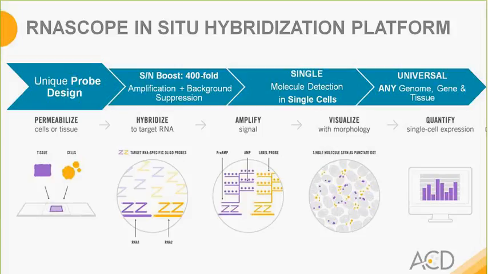The sensitivity of the assay allows for detection all the way down to single RNA molecules in single cells, which are visualized as punctate dots in their morphological context. And these dots can be easily visualized with standard microscopes, either light microscopes or fluorescent microscopes, and then quantified through manual scoring systems or image analysis applications, either of which are suitable for this type of analysis and can allow for quantification of the RNAscope signals.